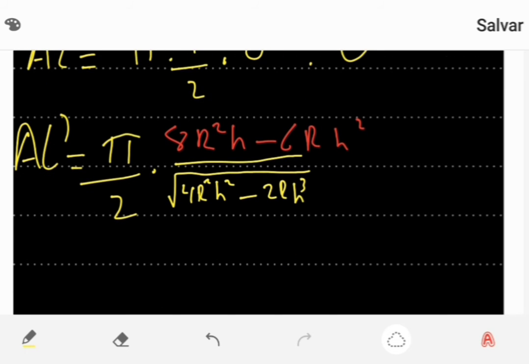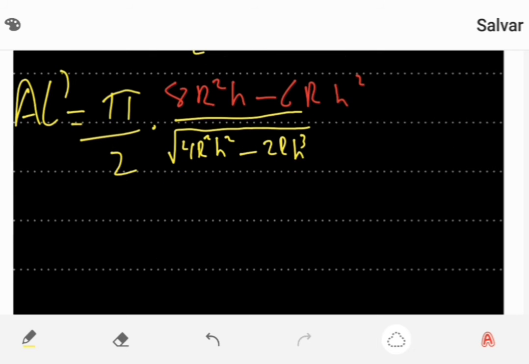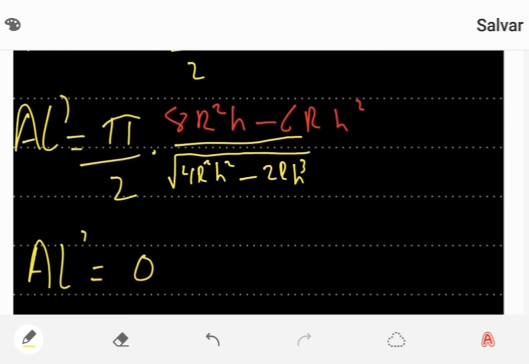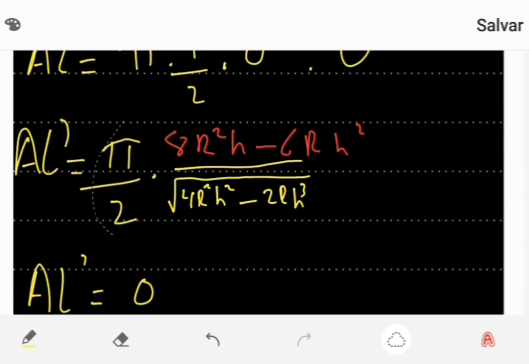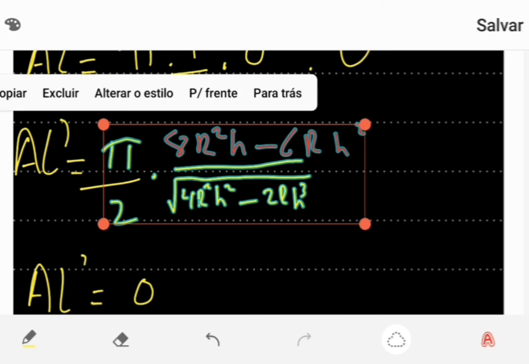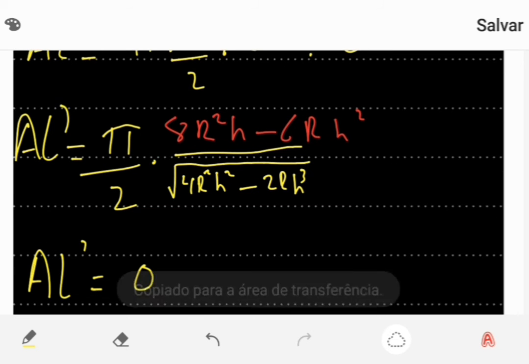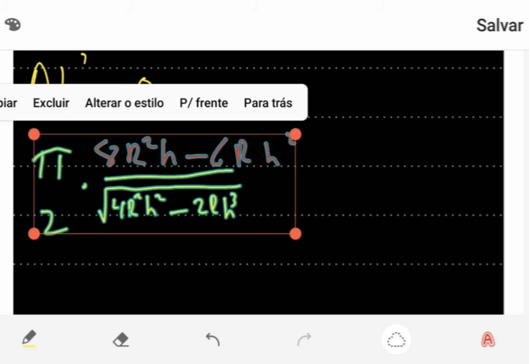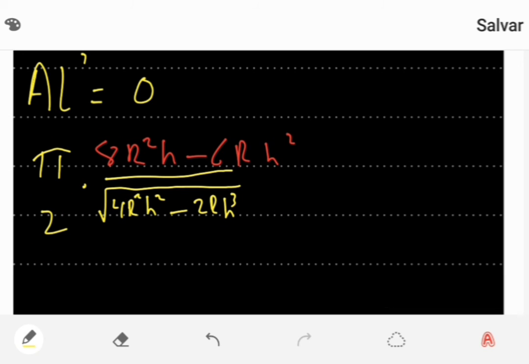Now what do we do with this? We say that A L prime is equal to 0, right? So all this is equal to 0.